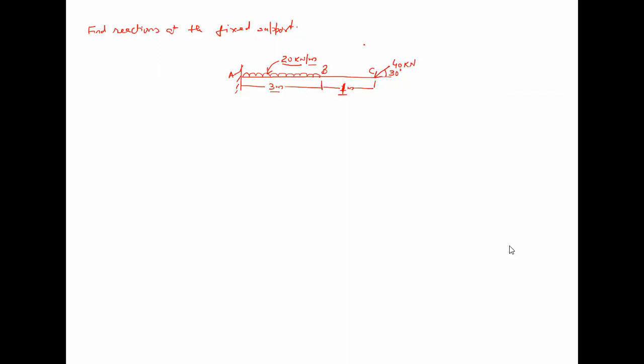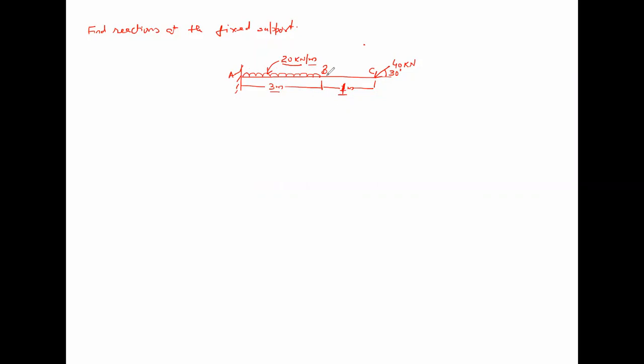Let's take another example. Here there is a cantilever beam, a beam which is fixed at one end with no other support acting on it. This cantilever beam is subjected to a UDL, uniformly distributed load, from point A to point B. The span length A to B is 3 meter and the intensity is 20 kilonewton per meter.